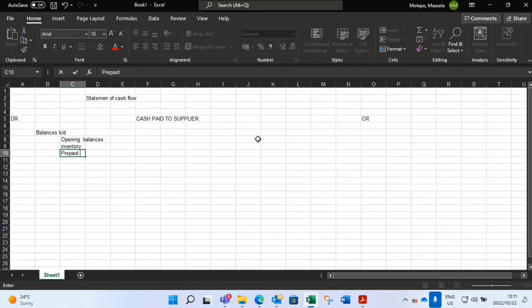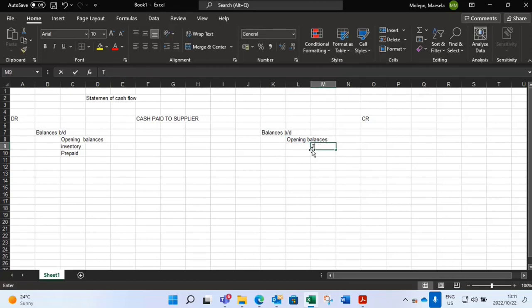And then on your credit, you're also going to have the balance brought down, on the opening balances, which will be your trade payables, the increase on the credit side.